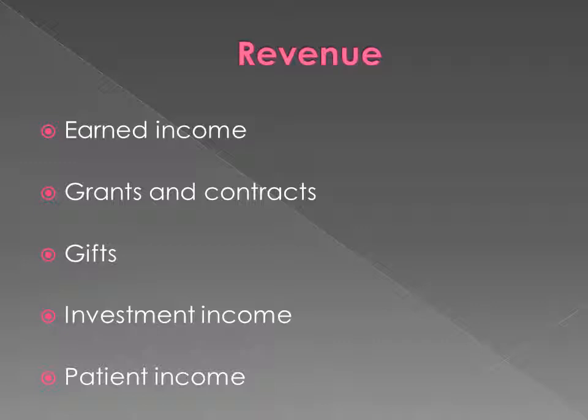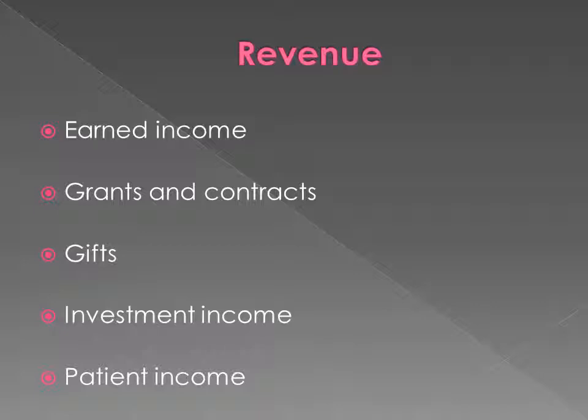On to revenue. Revenue can consist of your earned income, which typically consists of fees for service that you bill your clients, or even membership fees. Of course, revenue comes in the form of grants and contracts.